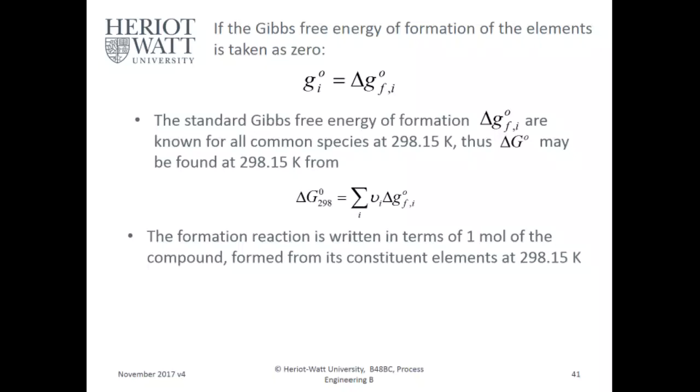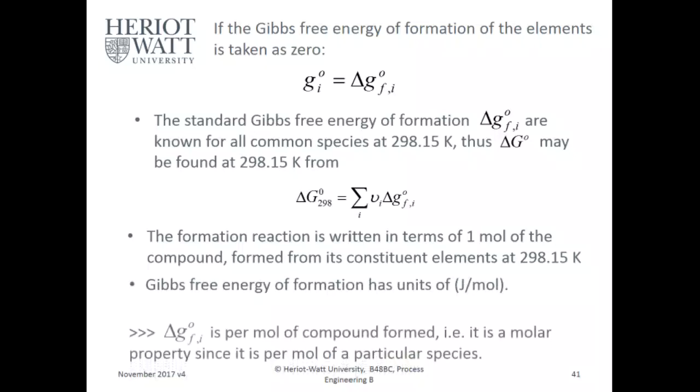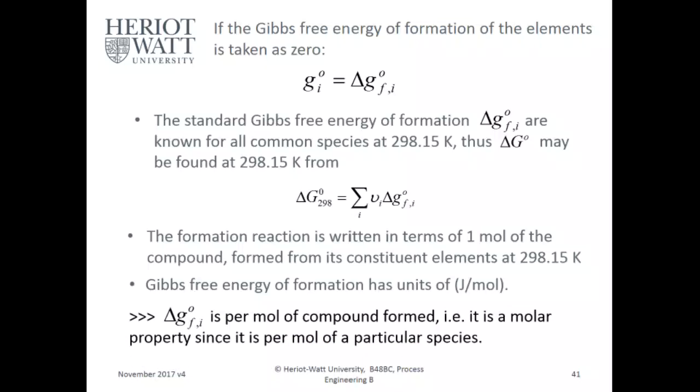Formed from its constituent elements at 298.15 K. Gibbs free energy of formation has units joule per mole, and delta G formation is per mole of a compound formed, and it is a molar property since it's per mole of a particular species.